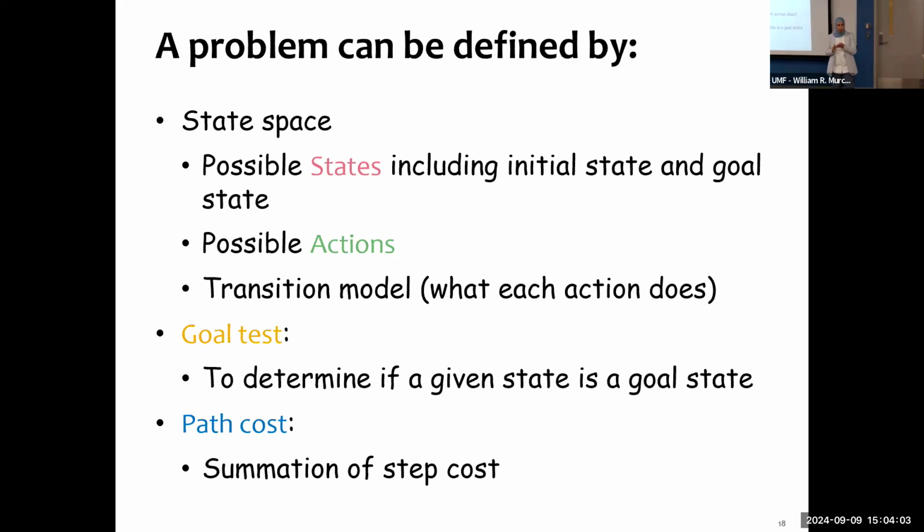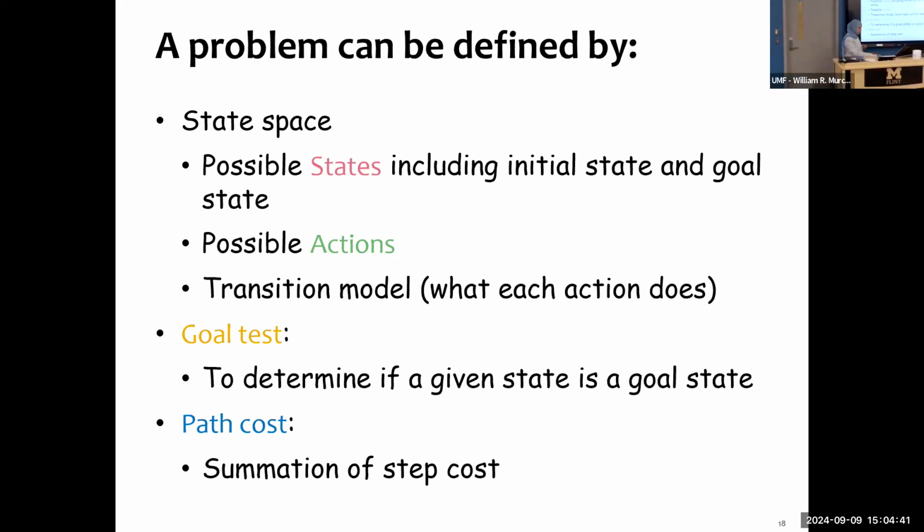We go from the initial to the goal through different intermediate states, or we represent our transition model, and we have different possible actions to be taken, and for each action we have the transition model, as I was saying. We were also introducing the path cost, and the path cost is the summation of the step cost, meaning the cumulative sum.